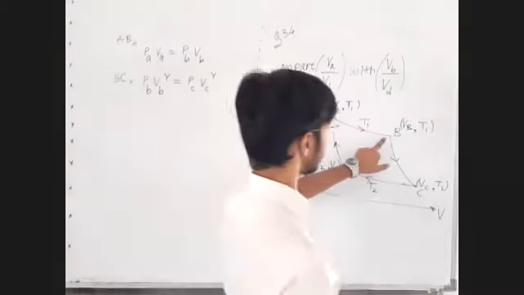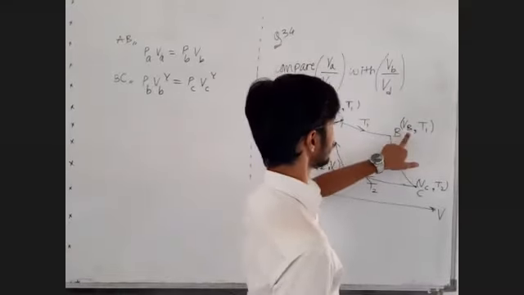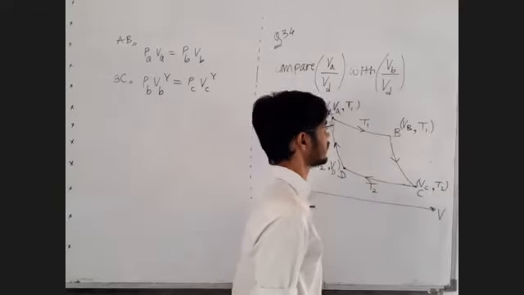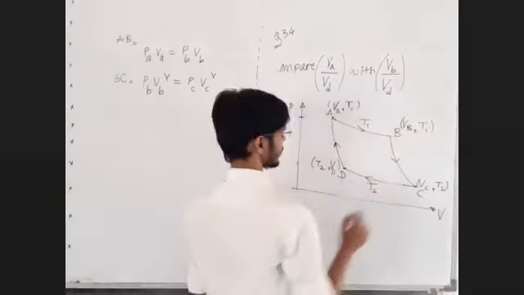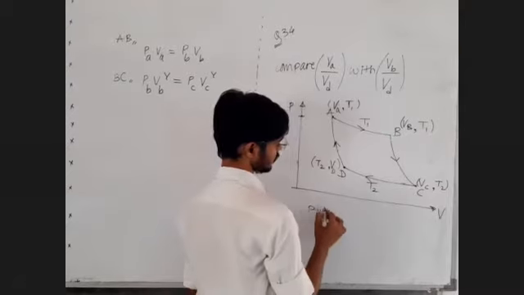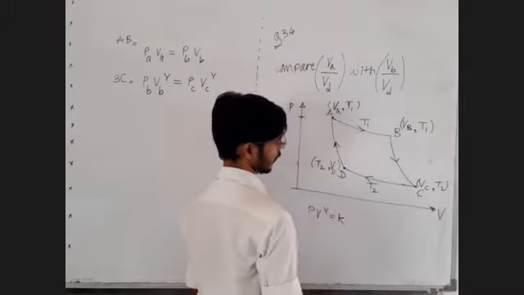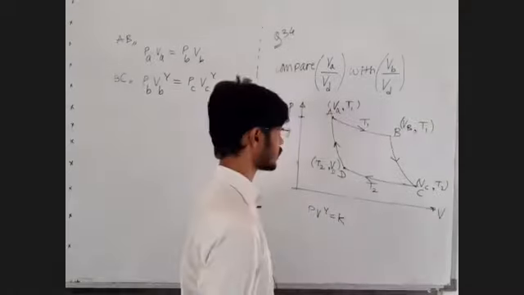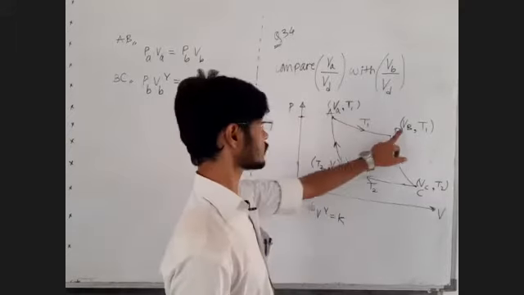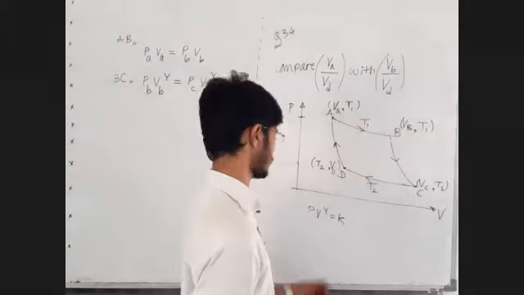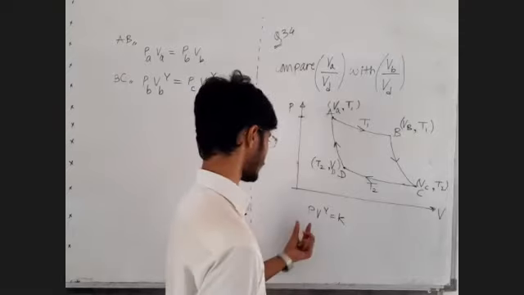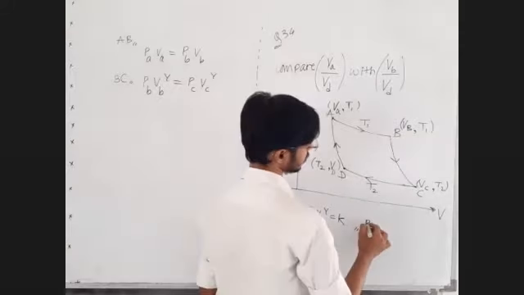Now you can also write the relation between volume and temperature for an adiabatic process. What is the volume temperature relation? We know PV raised to gamma is equal to constant. If we want the answer in terms of volume and temperature, we don't want the pressure, so we can replace it.